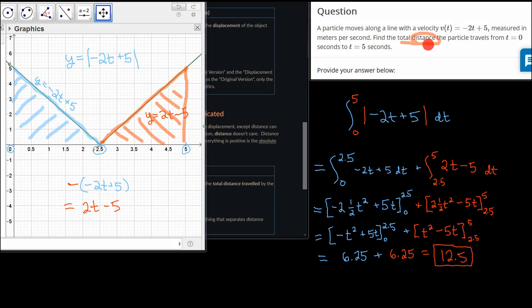The moral of that story was that when you want to compute the total distance, you have to do the integral of the absolute value of your velocity function. And that gets a little bit tricky. What that means is you have to figure out the two parts of that absolute value function and split your integral into those two parts.